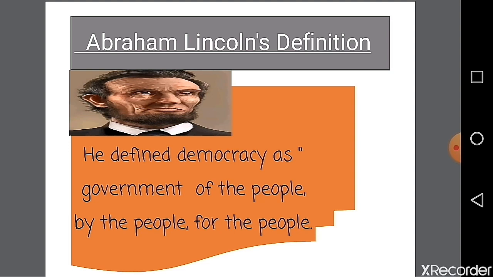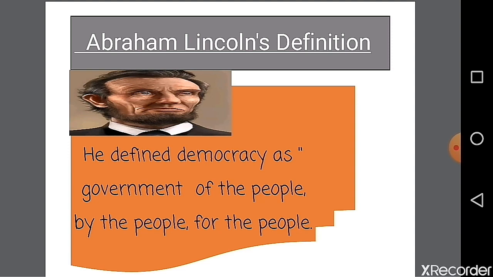So it is our government, and the representatives whom we are electing are working for us. That means they are the government for the people. We are electing our representatives. So it is the government of the people and we are doing it.